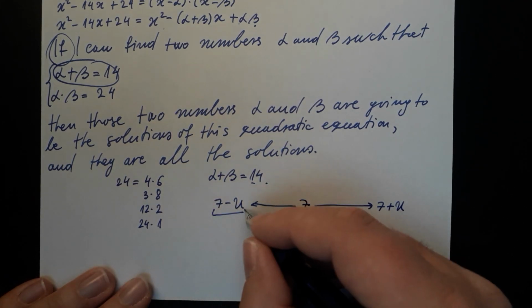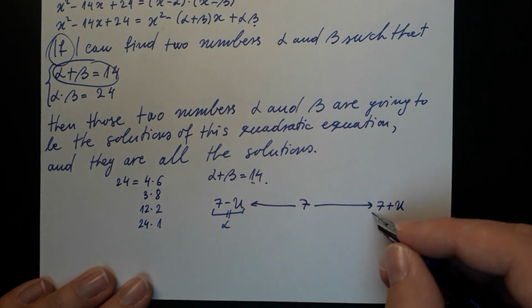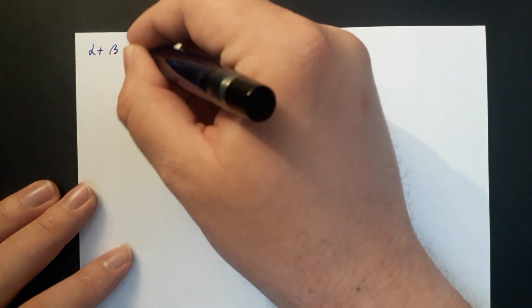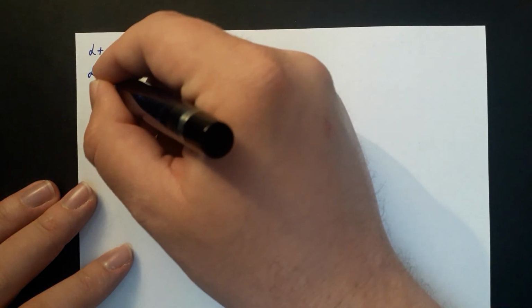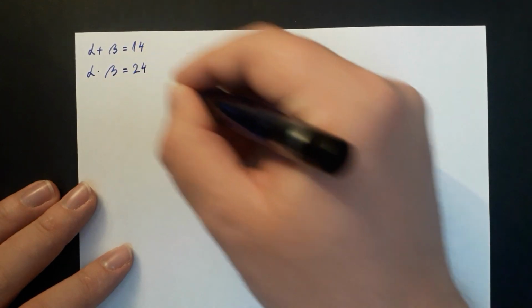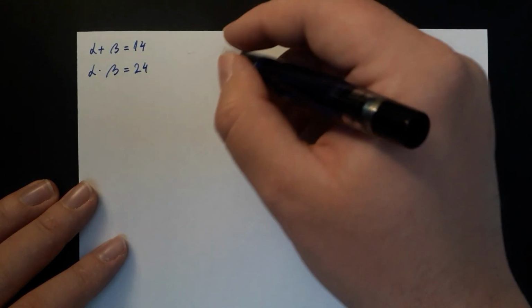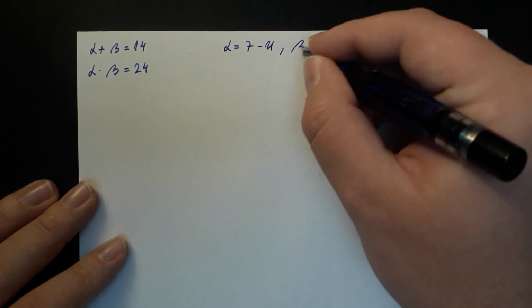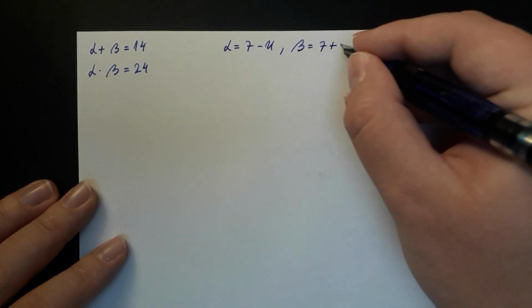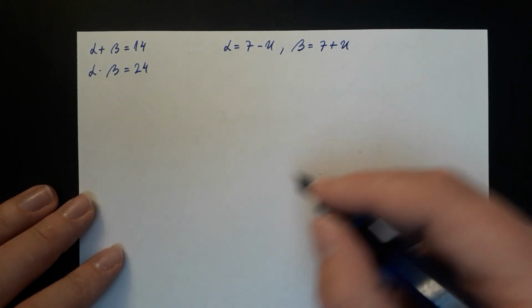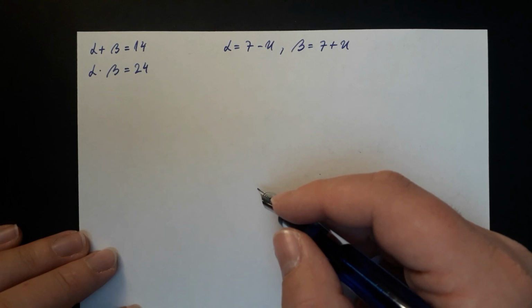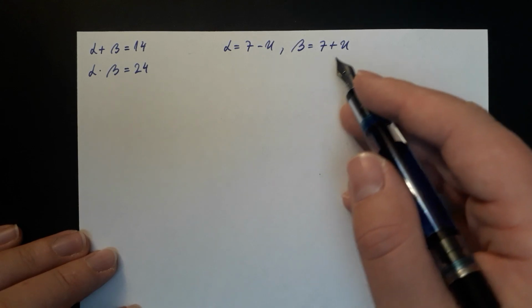This is going to be the number alpha, and this is going to be the number beta. So we have alpha plus beta equal to 14 and alpha multiplied by beta equal to 24. We are going to write alpha as 7 minus u, and we are going to write beta as 7 plus u.